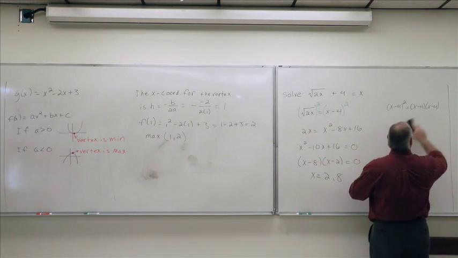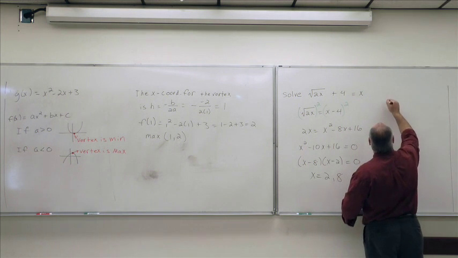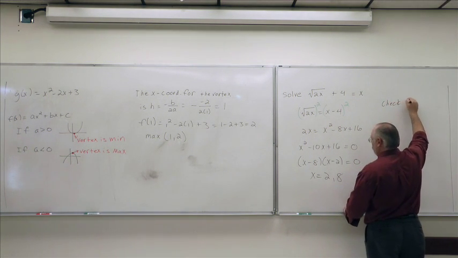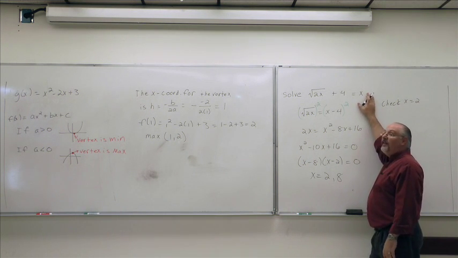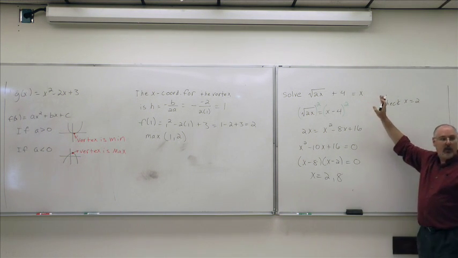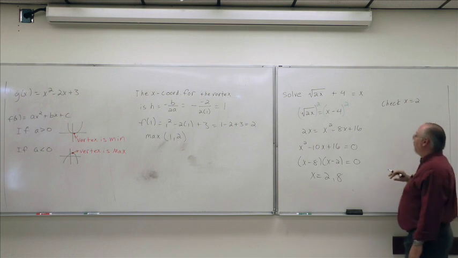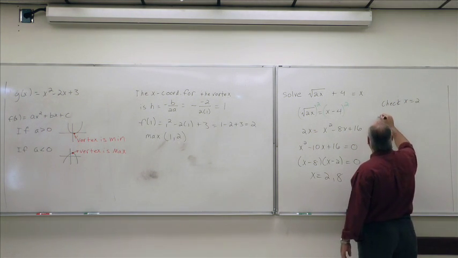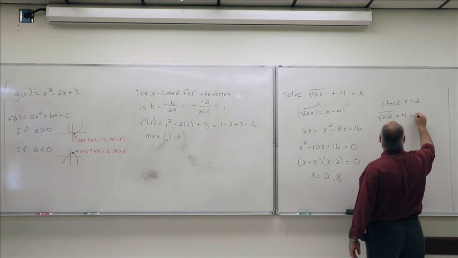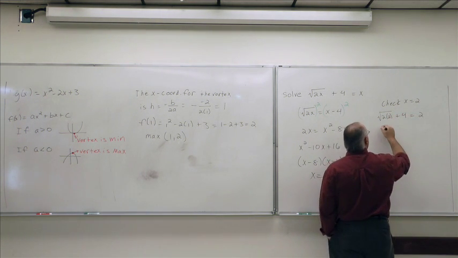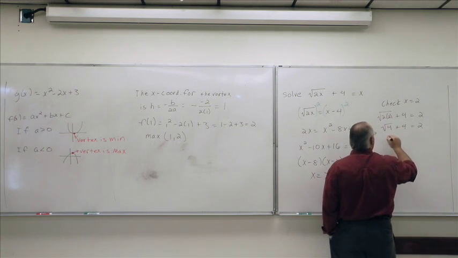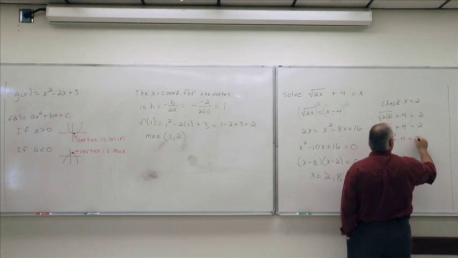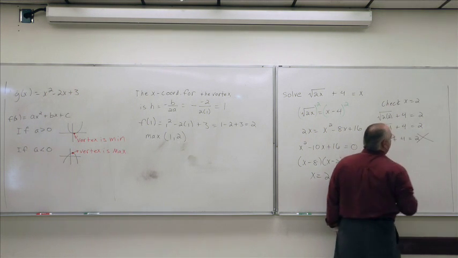All right, so if we check x is 2, and you have to check it in the original equation. We get the square root of 2 times 2 plus 4 equals 2. So that's the square root of 4 plus 4 is 2, or 2 plus 4 equals 2. And that clearly is incorrect.